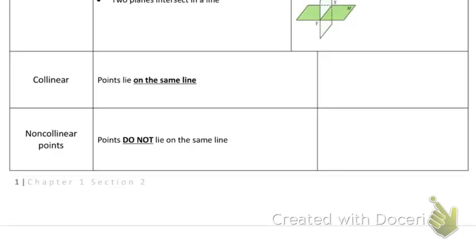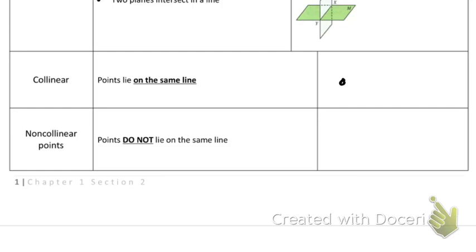Now we'll go into that term I've been using a little bit freely without even discussing it, and that is collinear. Collinear are points on the same line. Now, points on the same line might not look like they're on the same line until you draw it. So my example would be, if I'm just going to draw 3 points over here.